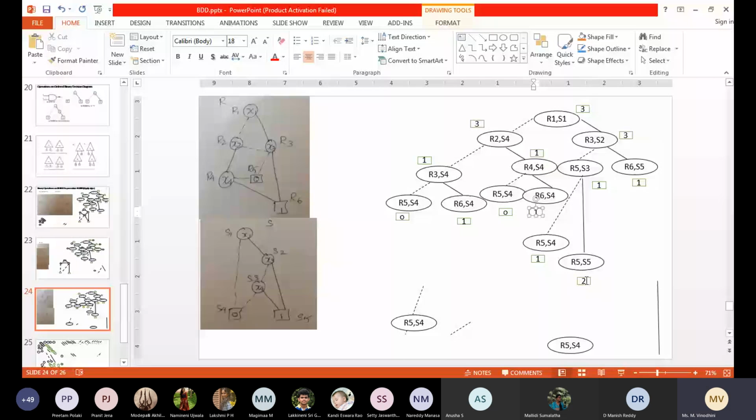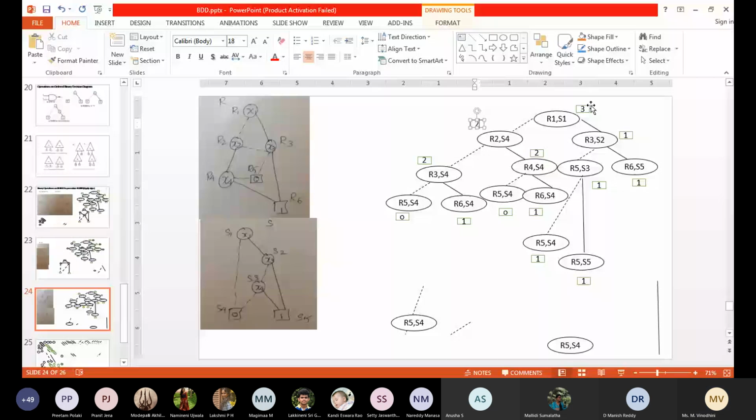R6, S5 is 1. So when these two are 1, this will be 1. When it is 0 and 1, this will be 2. When these two are 2, this will be 2. When 2 and 1, this will be 3.